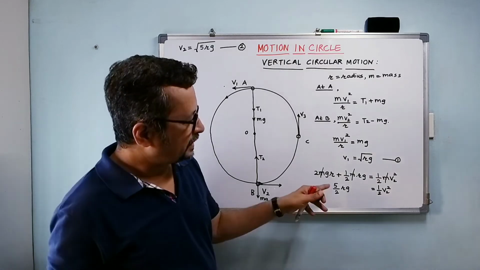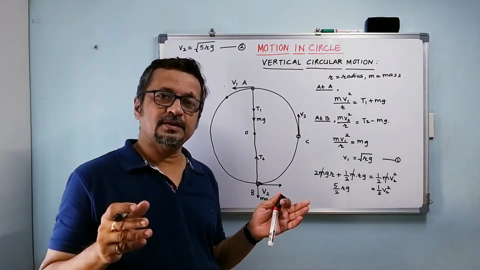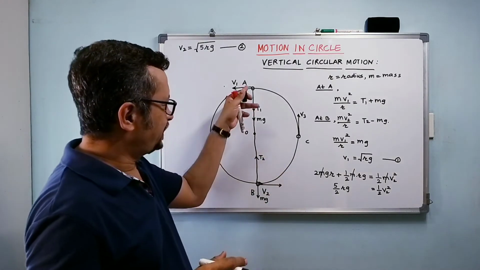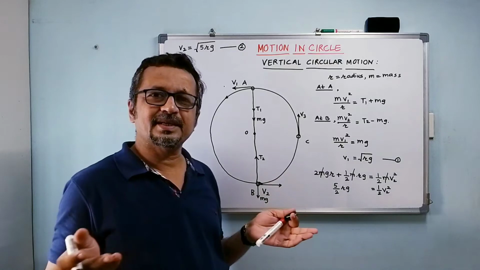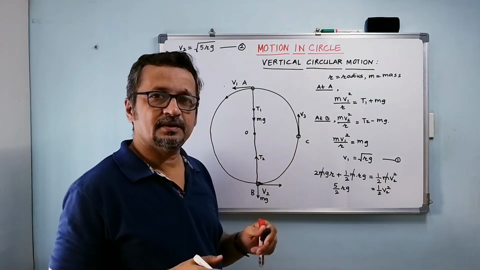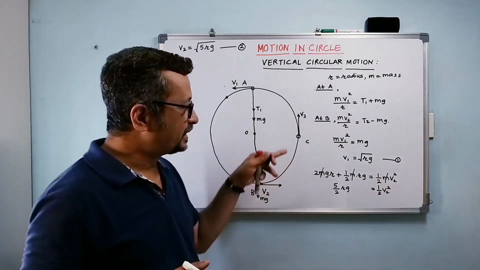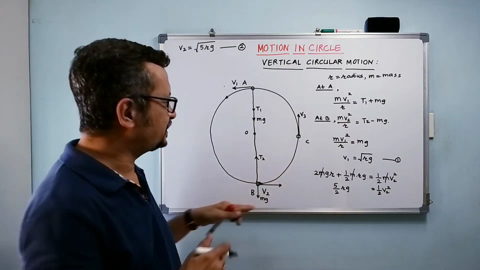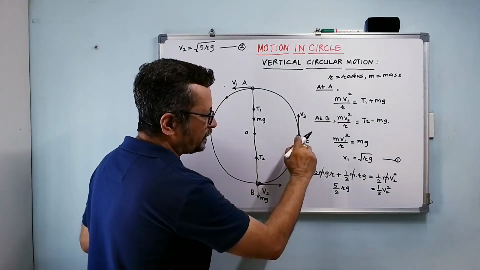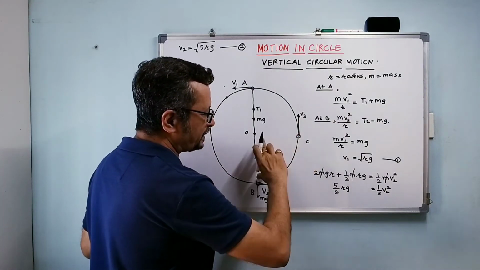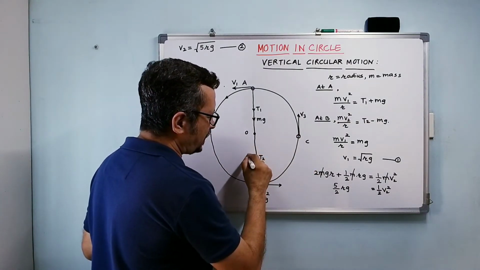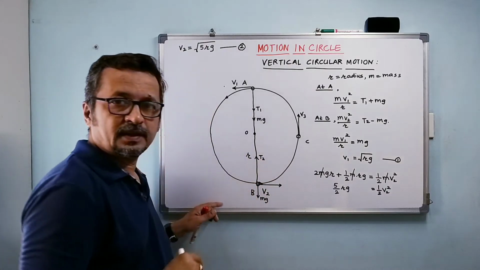Alright, like we did here, we conserve the energy at point A and point B. We can do the same thing for point C here. Now what is the potential energy here? Potential energy is equal to, now this level, it is at a distance R from the bottom, correct?